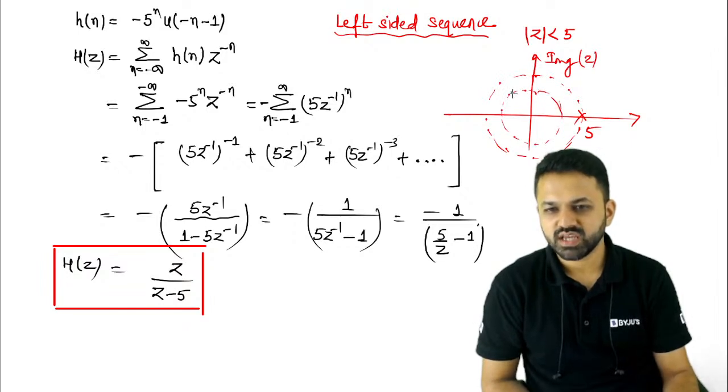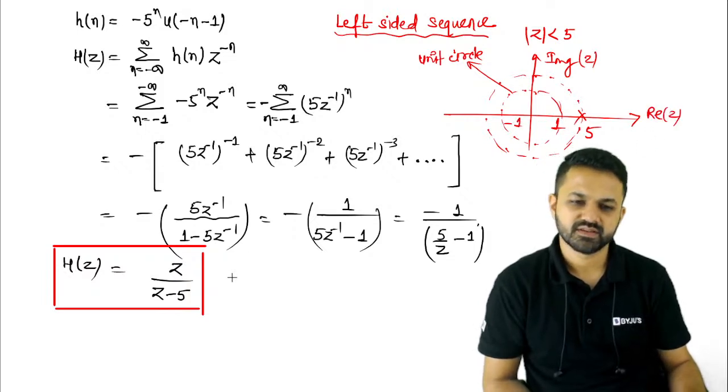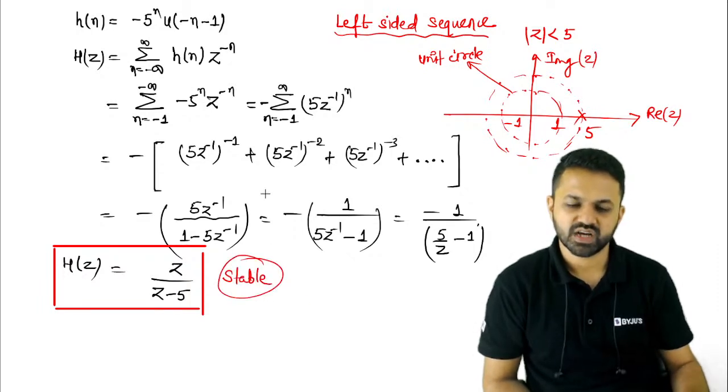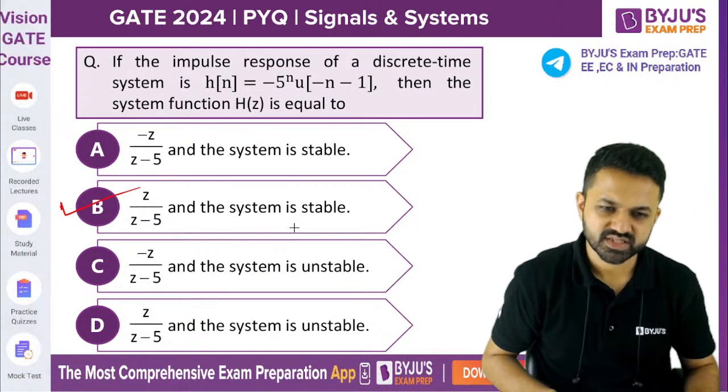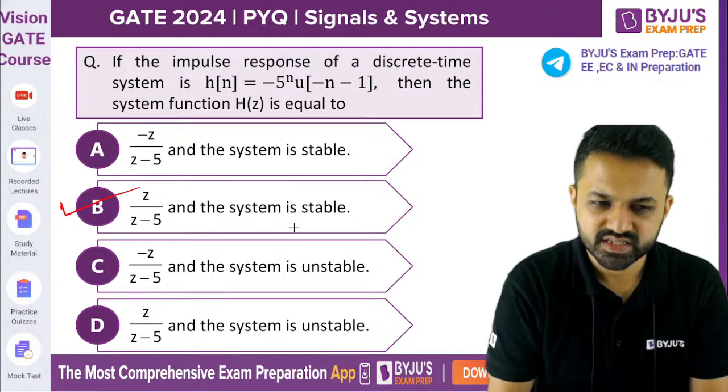This is the unit circle, and the ROC is including the unit circle, hence the system is stable. So the answer will be z upon z minus 5, and the system is stable.